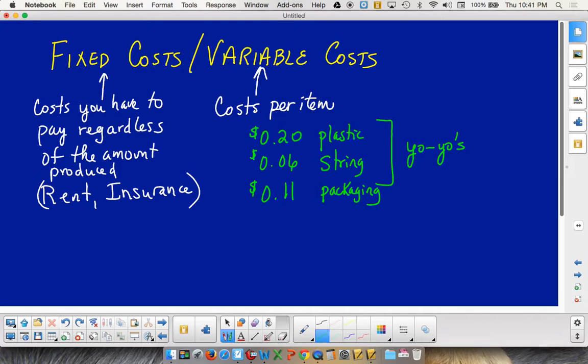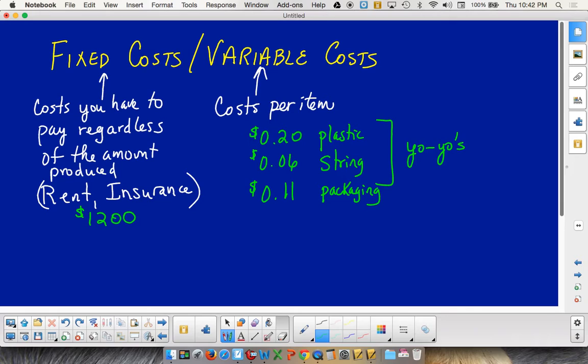We're also going to pretend here that our fixed costs that we're paying, in this case, this is say per month, we're spending $1,200 in fixed costs by the time we do our utilities, our insurance, all the things we have to pay for.